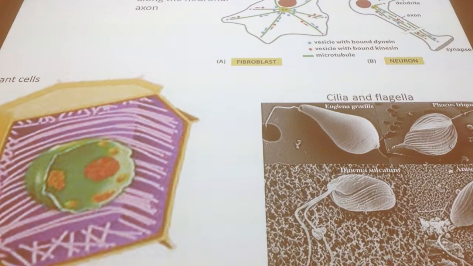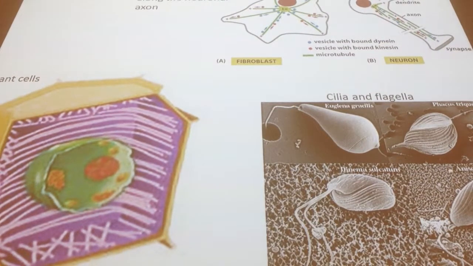Dendrites, also of neurons. Okay. Cells that have flagella and cilia, not microvilli, which are formed from assembly of microfilaments. Cilia and flagella are formed from the assembly of microtubules.